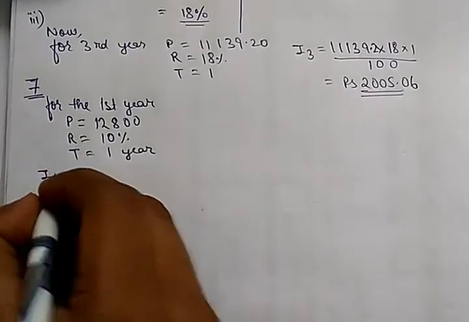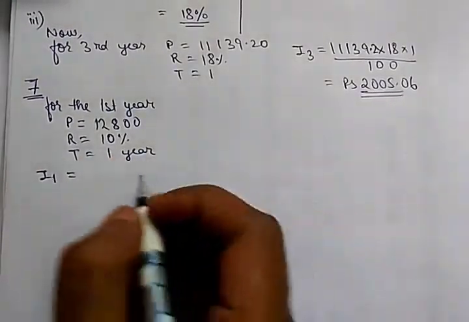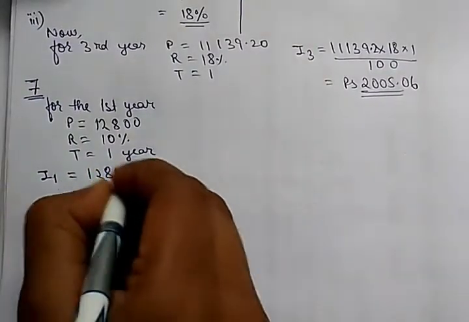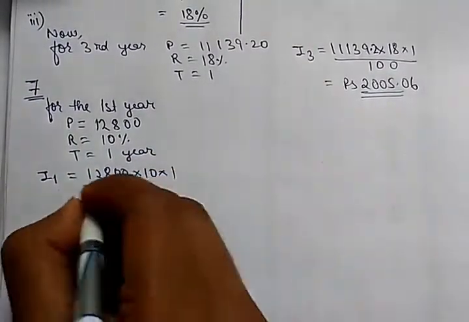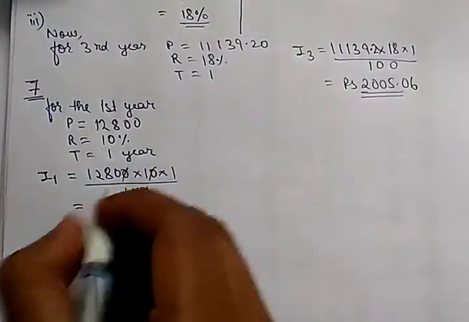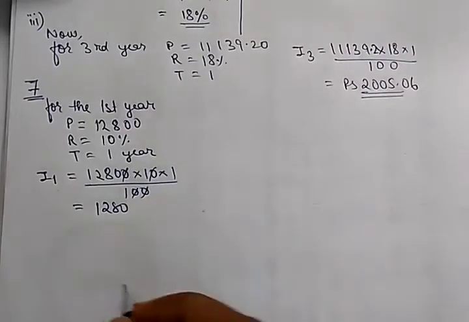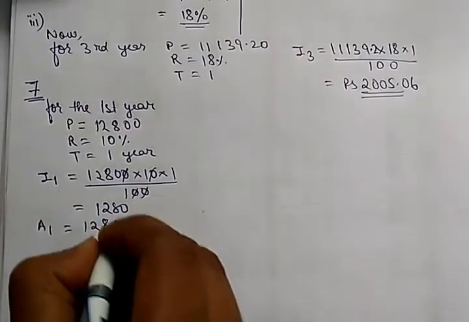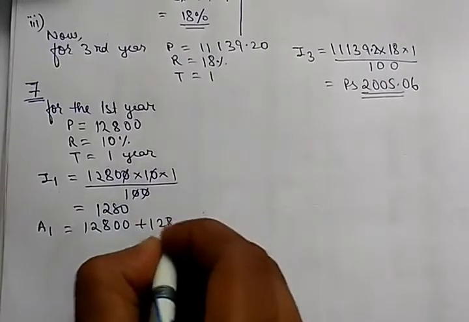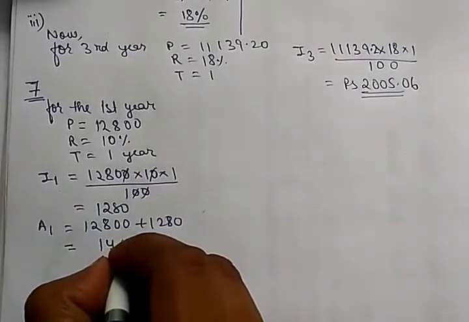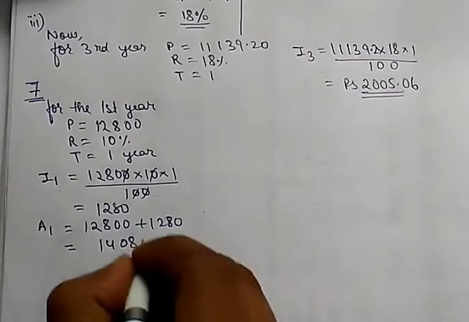So interest for the first year will be equal to 12,800 into 10 into 1 by 100, that is equal to 1280. So the amount for the first year will be equal to 12,800 plus 1280, that is equal to 14,080.